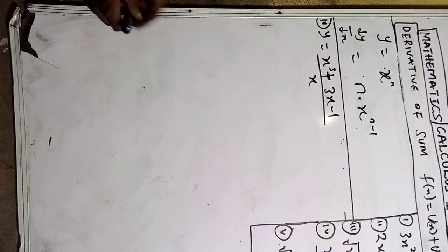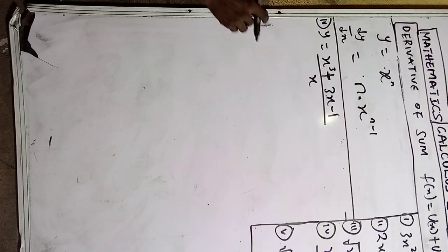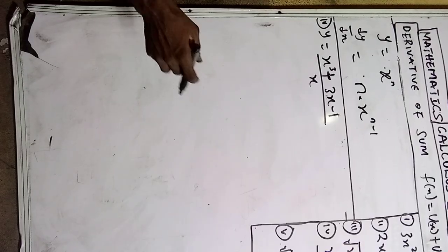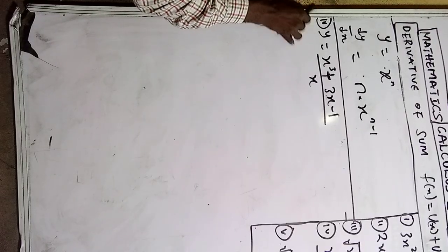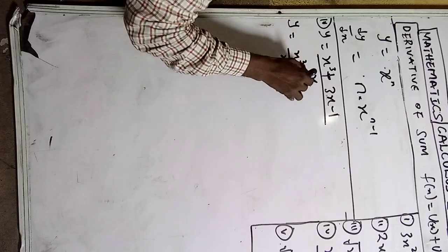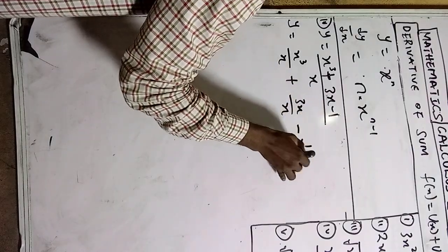So now let's look at this aspect. At first, I cannot simplify this one easily. I have to just split it first. So y equals x to the power 3 over x plus 3x over x minus 1 over x.